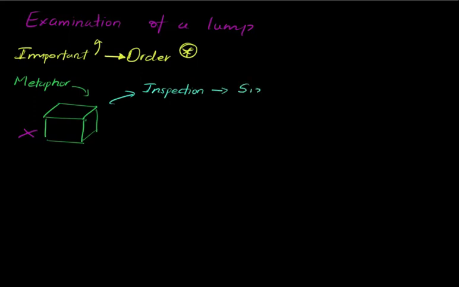So what do you say to your friend? You'll say the size, the side, and the shape of the box. For example, you will say it's a 10 centimeter cube next to the sign. That's the same thing you do in a lump examination.